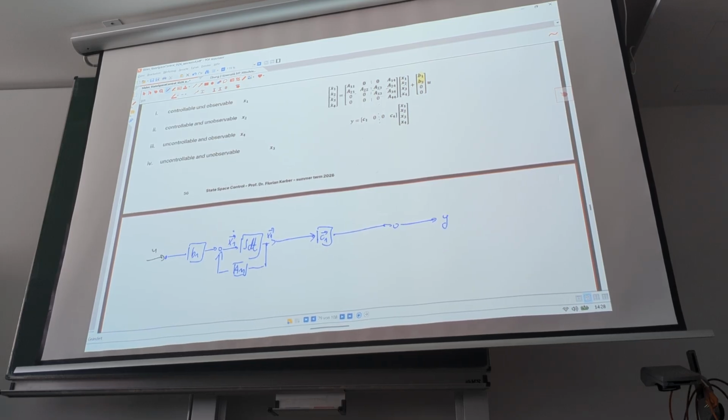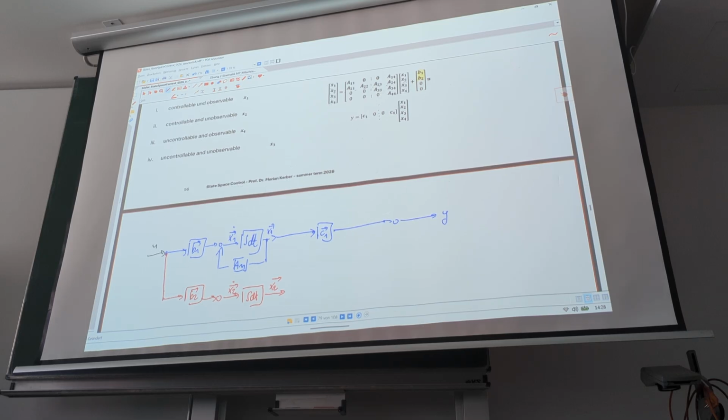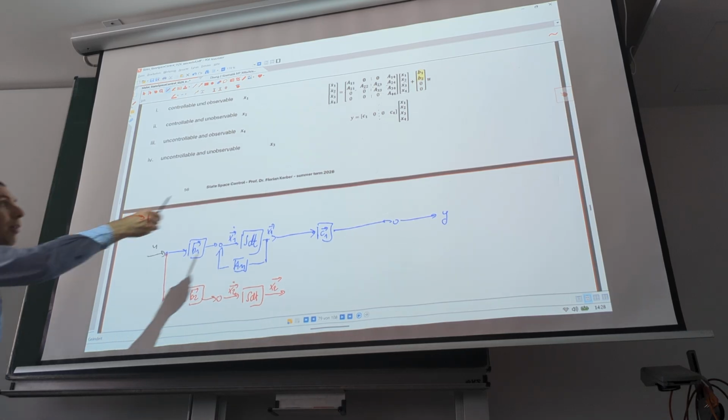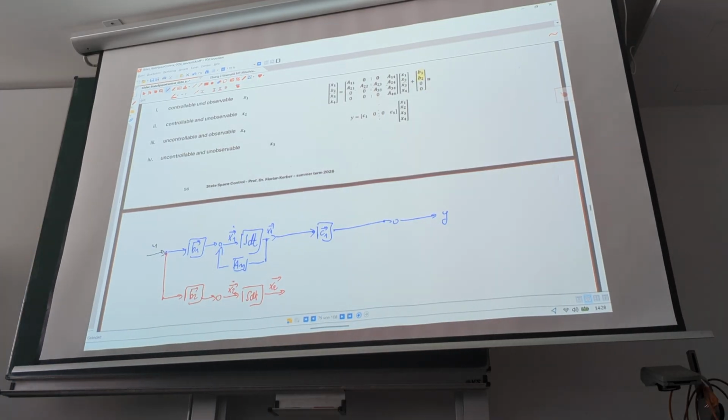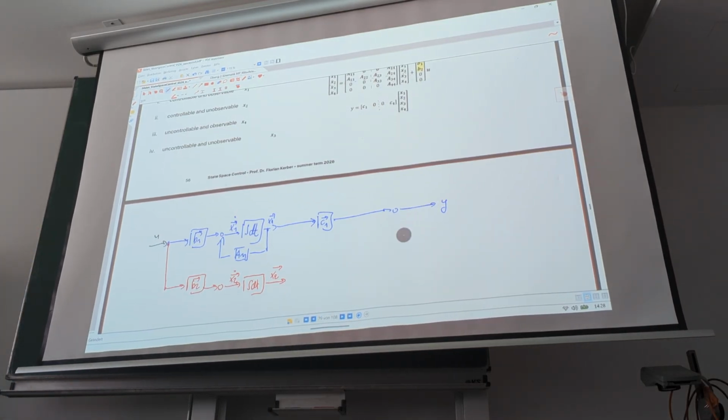Now, the part 2 also takes the input. This goes into the x2 dot, which after integration comes to x2. But x2 is not fed forward to the output, right? It's not seen in the output.